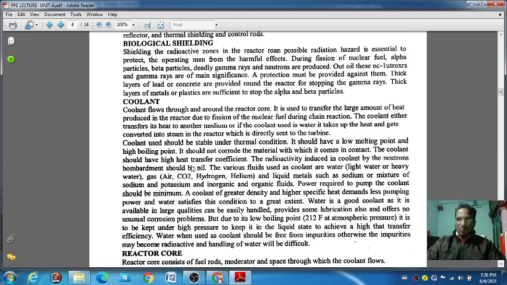Coolant is generally hydrogen, helium or carbon dioxide.